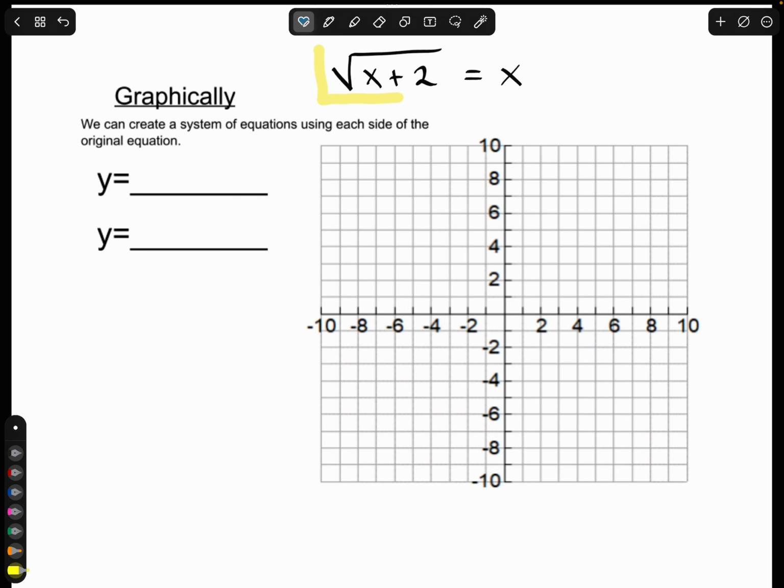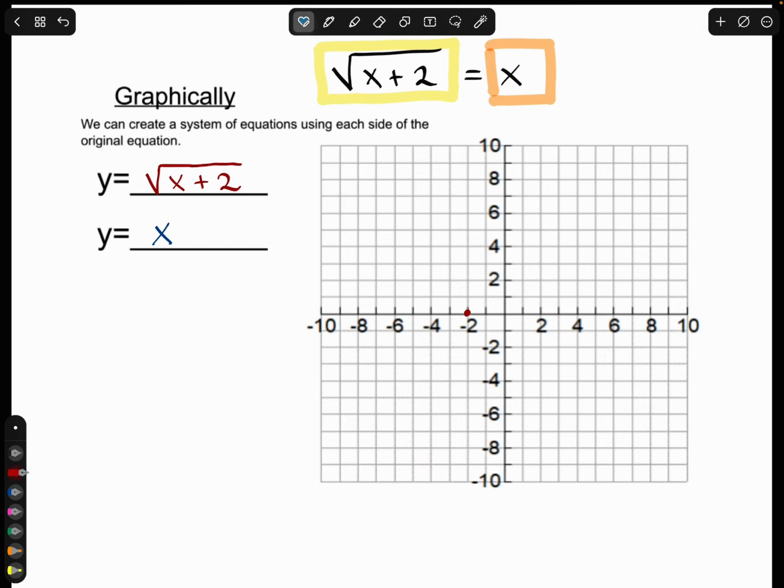To turn it into a system, we're going to focus on 2 parts, the left side and the right side. We are going to create a function from each side. So I'm going to write y is equal to the left side, which is the square root of x plus 2. And then my second function is going to be y equals the right side, which is y equals x. So we're turning this into a system of equations, and we're going to graph each of these.